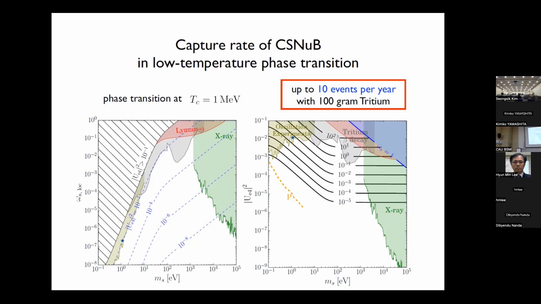They even claim that some of the models can be excluded. I think it was one or two months ago. Do you have some comments about the impact of these measurements?